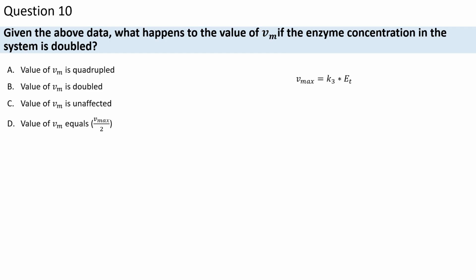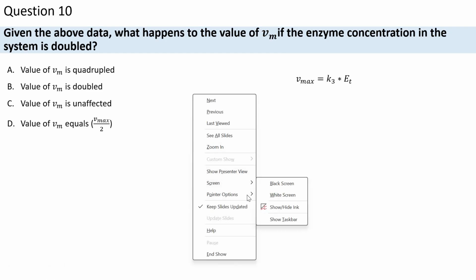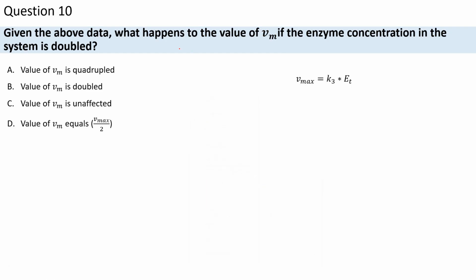We know that Vmax is equal to K3 into ET. This is what we solved in question 3, right? When we solved the overall Michaelis-Menten equation, we understood that Km is equal to K2 plus K1 divided by K3, and Vmax is equal to K3 into ET. So Vmax is directly proportional to ET.